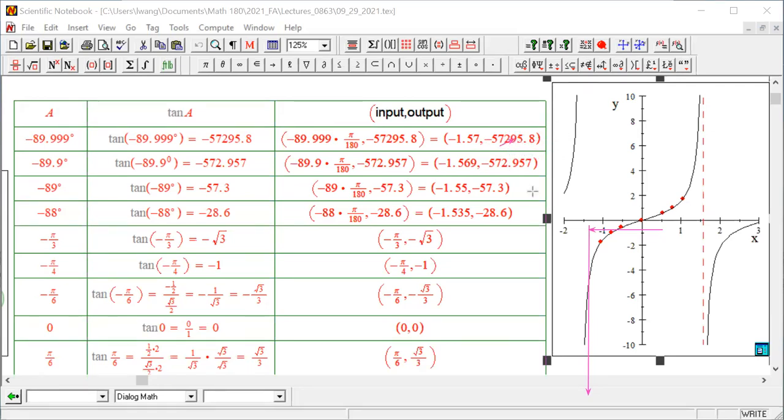The tangent is approaching negative infinity. You see these numbers are getting smaller and smaller. So there's a vertical asymptote there, isn't there? That vertical asymptote should be x equals negative pi over 2.